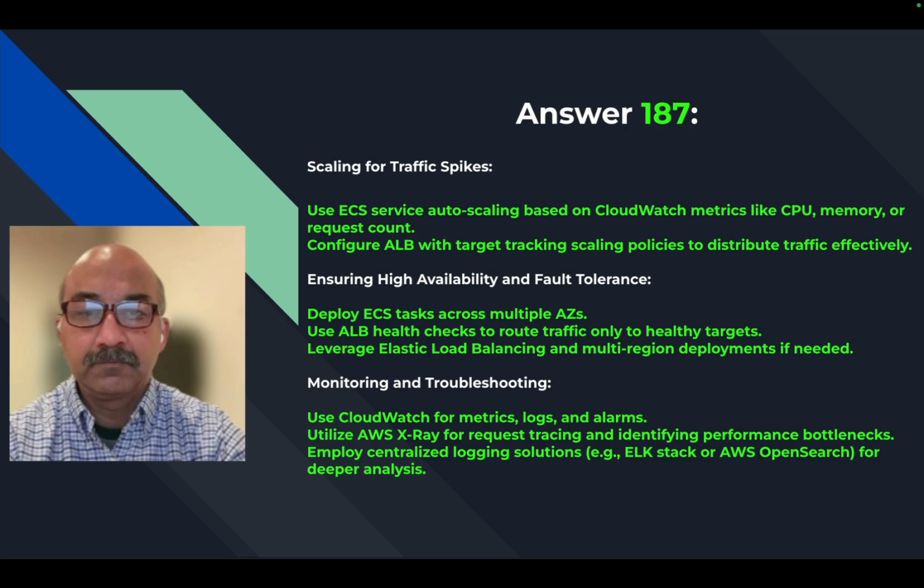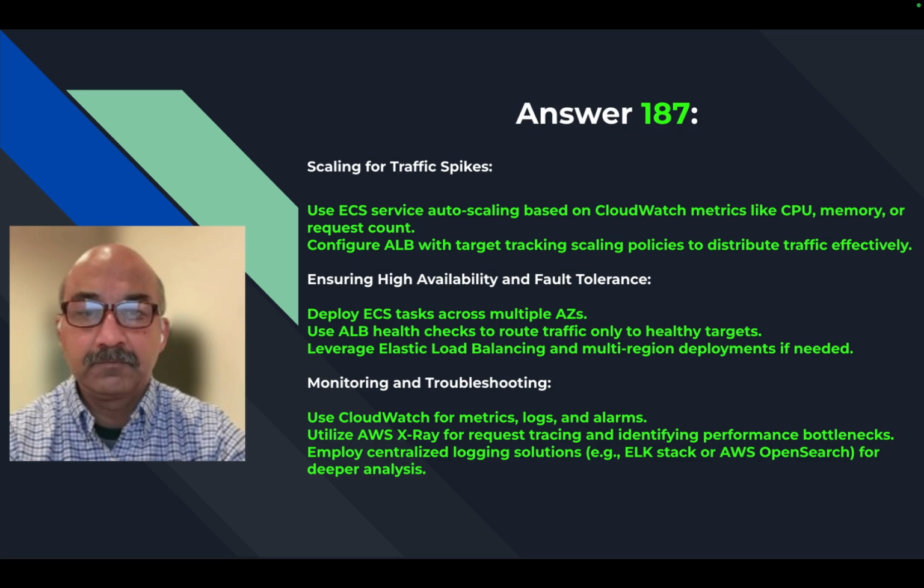Okay, so first of all, scaling. How do you scale an application that runs on ECS? Use what ECS has already built in: auto scaling based on some metric that is gathered on CloudWatch, like CPU, memory, or request count. You need to make sure auto scaling is enabled for this service. You also need to configure the ALB with a target tracking policy.